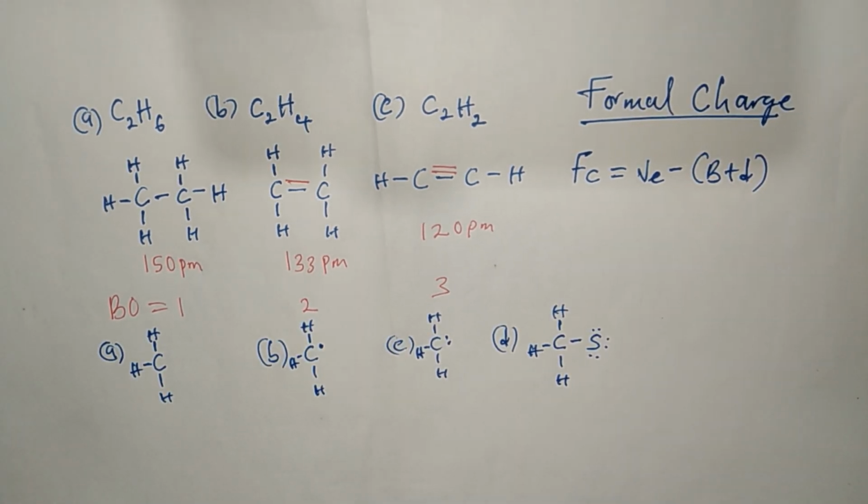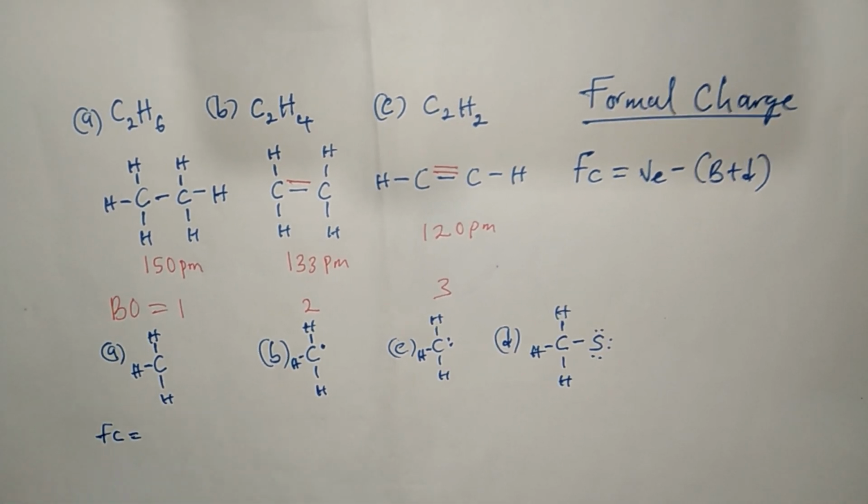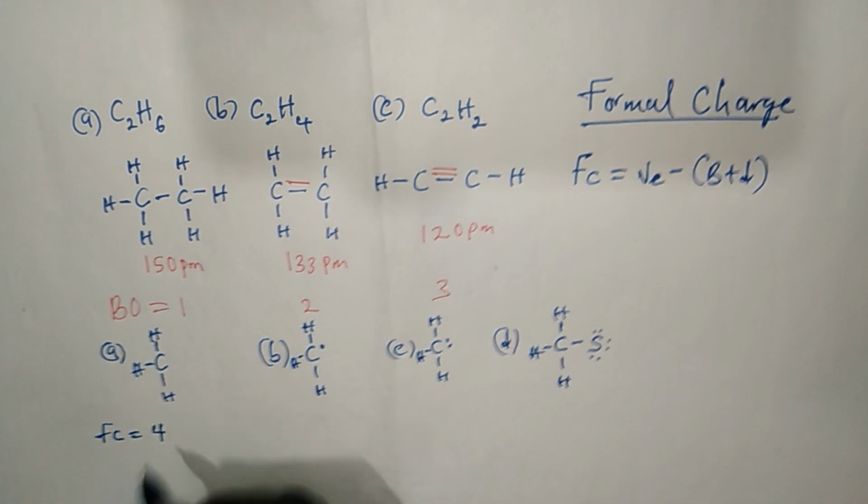Example: A, B, C. Calculate the formal charge of carbon in A, B, and C. How do we go about the calculation of the formal charge of carbon in these three examples? Now for A, the formal charge FC equals, what is the valence electrons of carbon? The valence electron of carbon is 4.